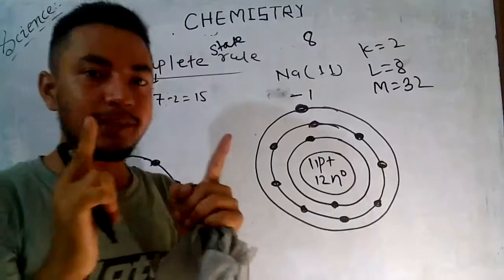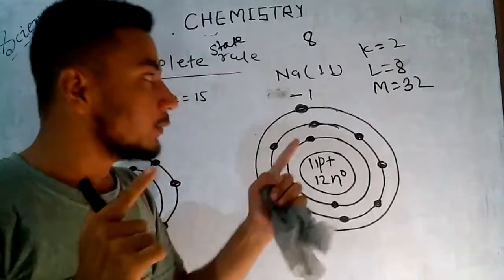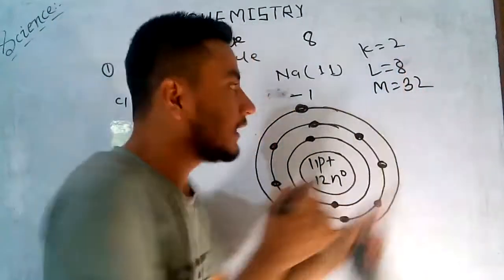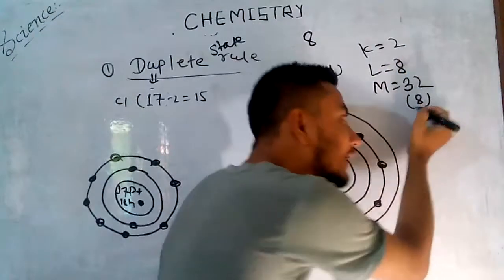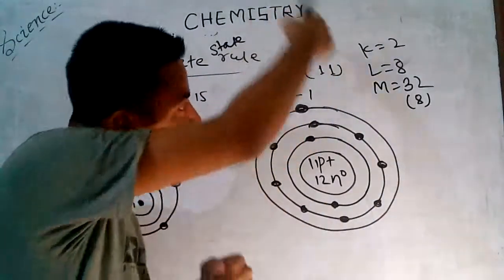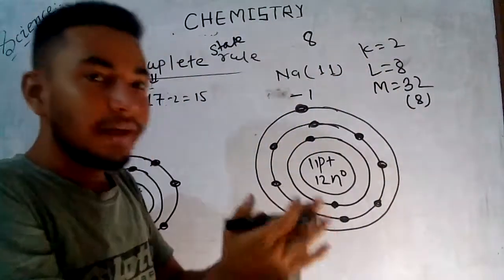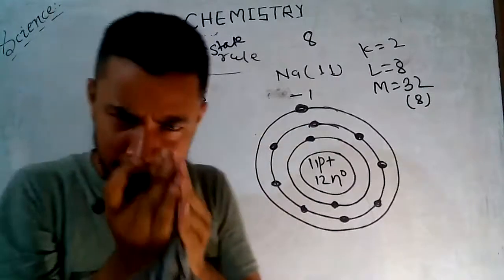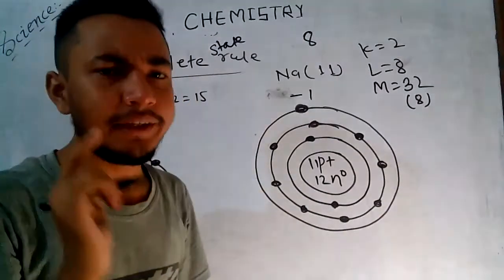So you have to recall octet rules. So in the M shell not 32 but only 8, because if an atom possesses 8 electrons in its last shell, it is more stable.